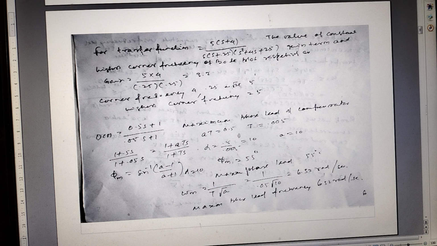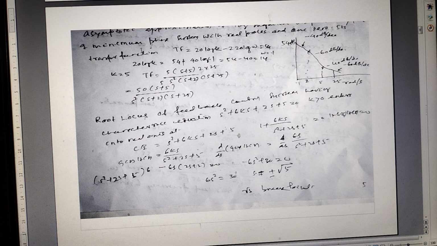Another thing, here in the first question one line is missing, that is a unit feedback system has an open loop transfer function G(s).